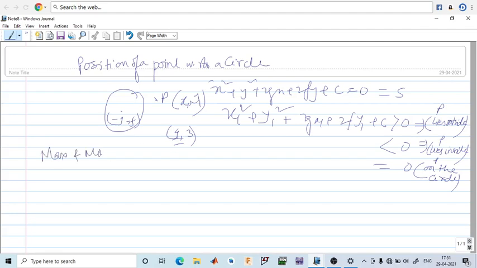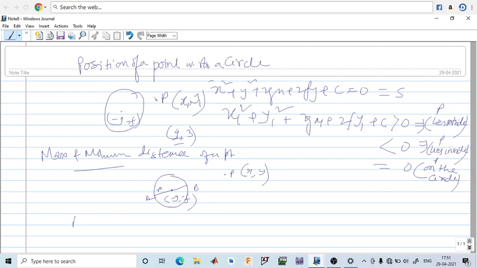On the minimum distance of a point, suppose A B is the endpoint of the diameter. Suppose the point is (x, y) and the radius is r and the center is (-g, -f). Then what will be the maximum distance of a point from the circle?